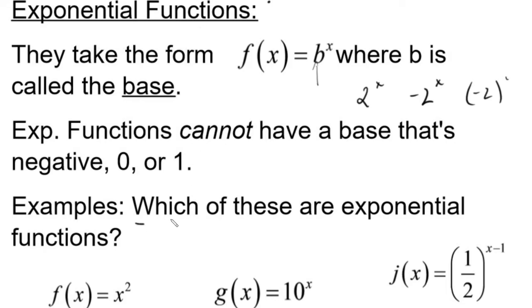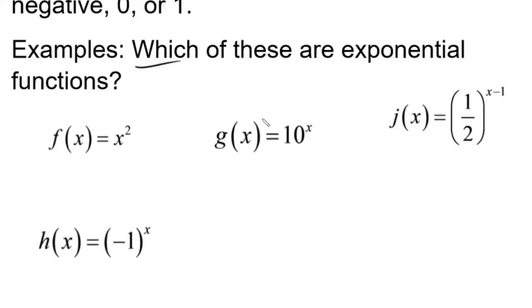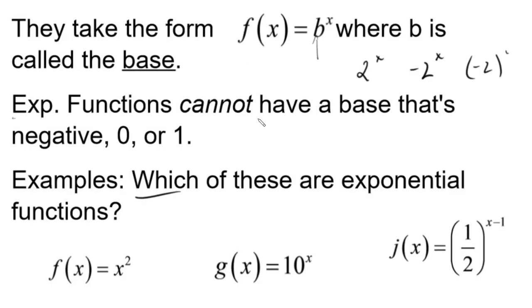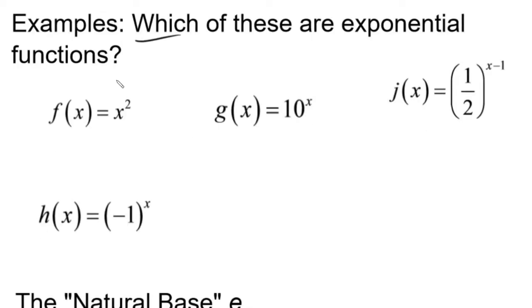And examples, which of these are exponential functions? So remember, exponential functions can't have bases that are negative, 0, or 1. And it needs to be a number raised to a variable. All right, so is this an exponential function? If you said yes, you are wrong.